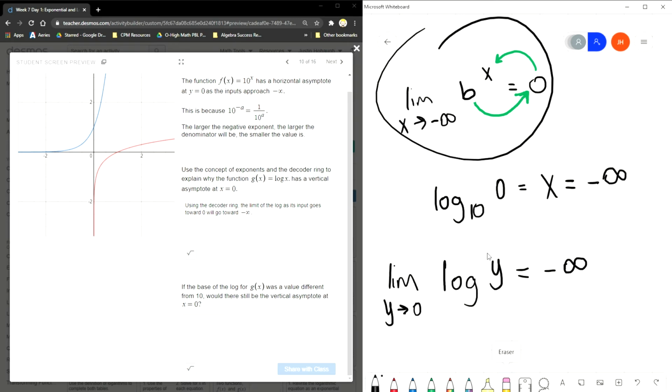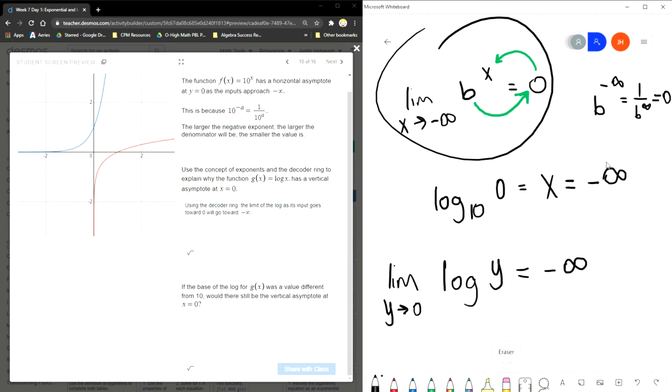because b to the negative infinity will equal 1 over b to the infinity. And regardless of what b is, as long as b is some positive value, which in the definition of an exponential it should be, then this is going to get bigger and bigger, and 1 over that big number will go to 0.